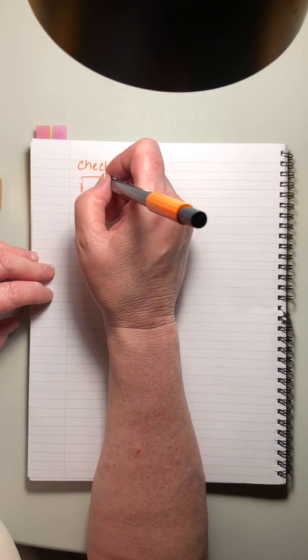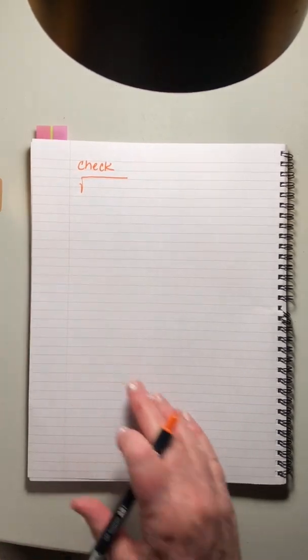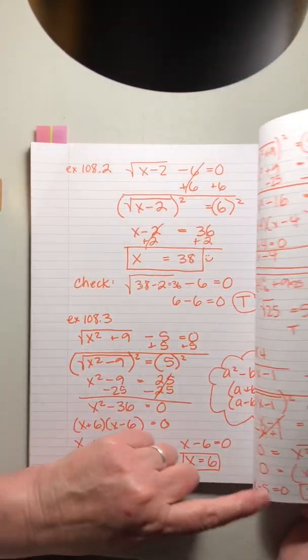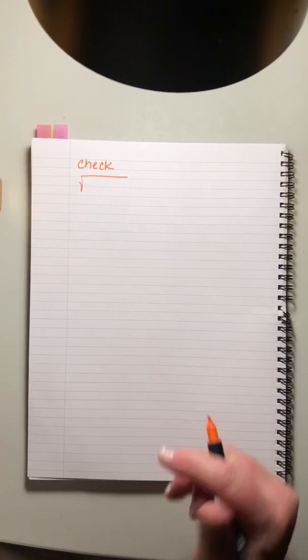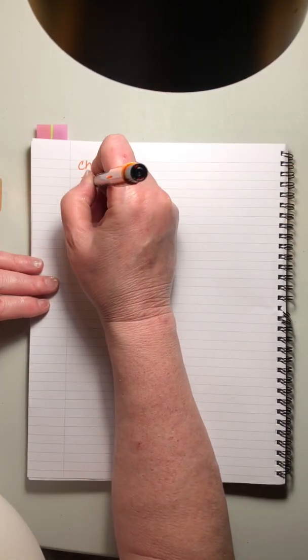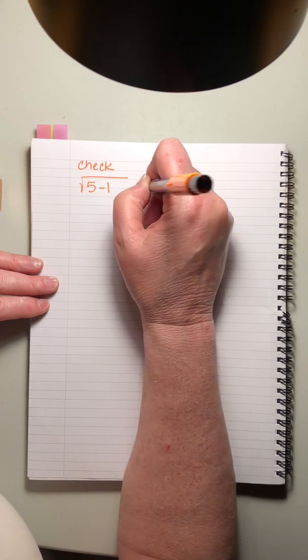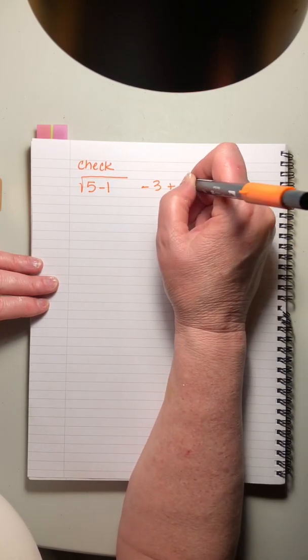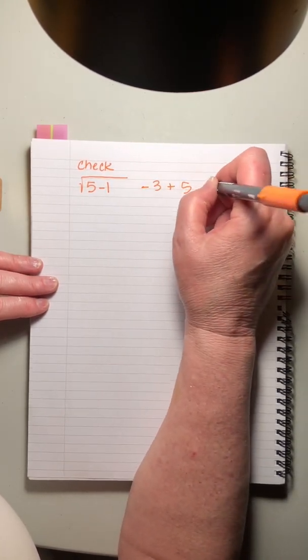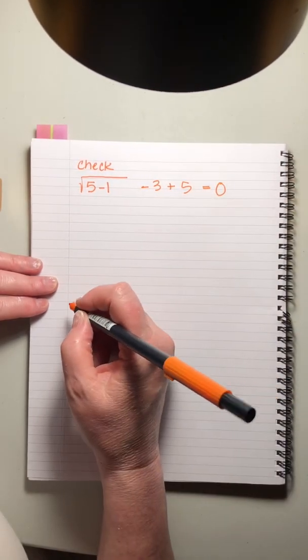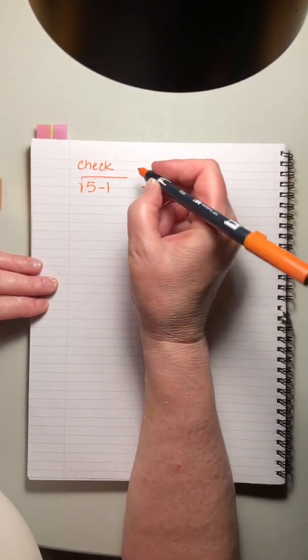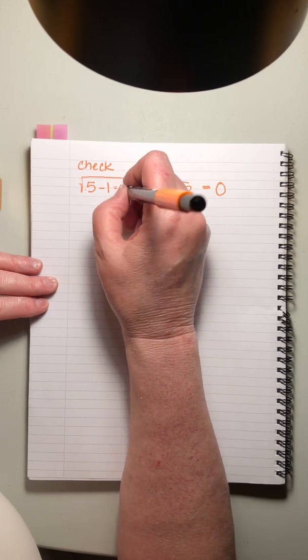Okay, what was my first solution? 2 and 5. All right. So it's 5 minus 1 minus 3 plus x again, so that's 5. Okay. 5 minus 3 is 4.